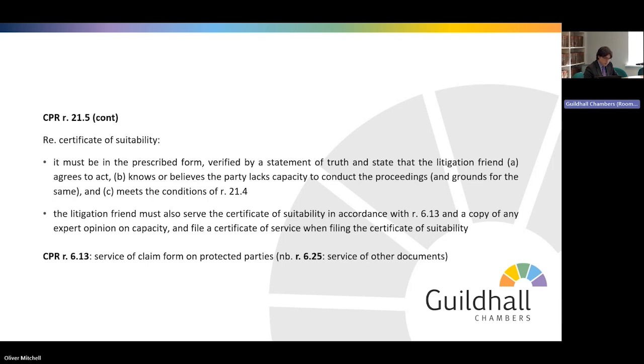But in 21.5 and elsewhere in Part 21, the service required is in accordance with Rule 6.13, which generally refers only to claim forms, but here refers to other documents as well.